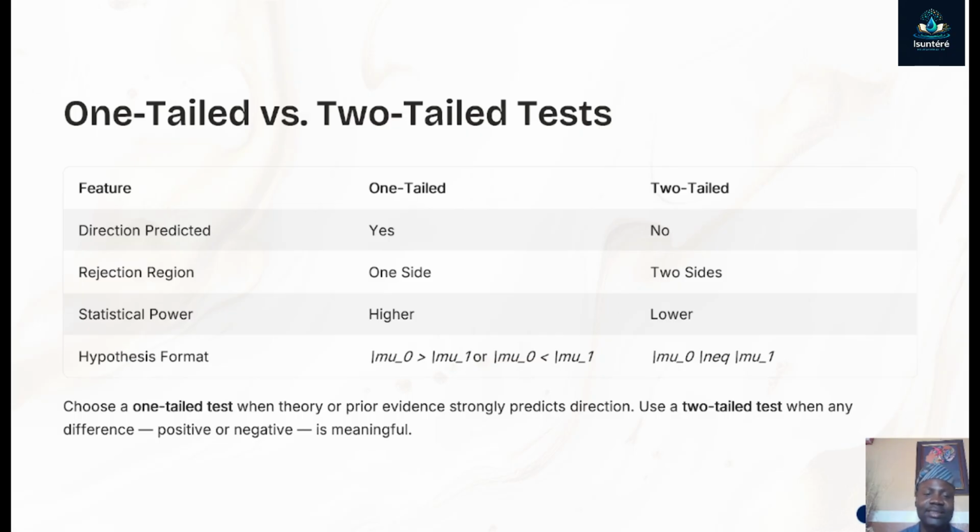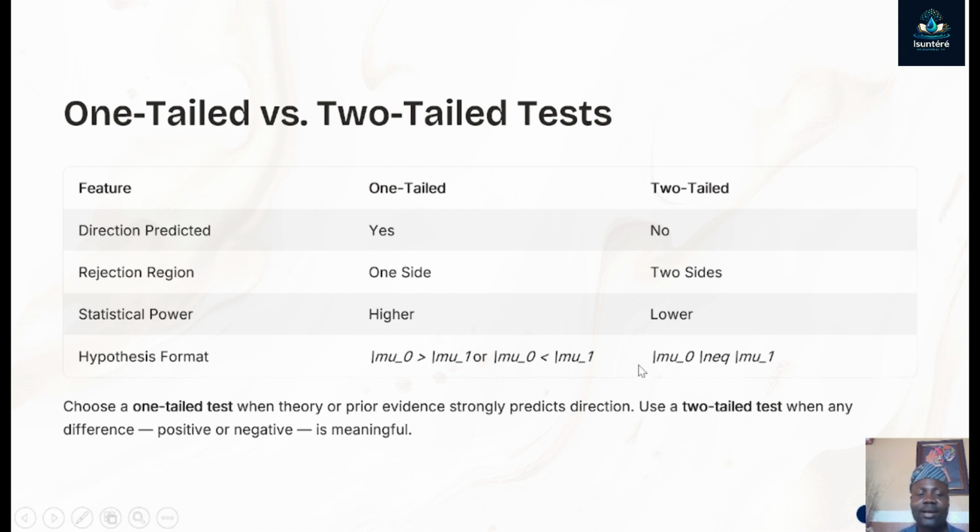The hypothesis statement for one tail is that mu is greater than mu1. These are the ways the hypotheses are stated in this particular one.